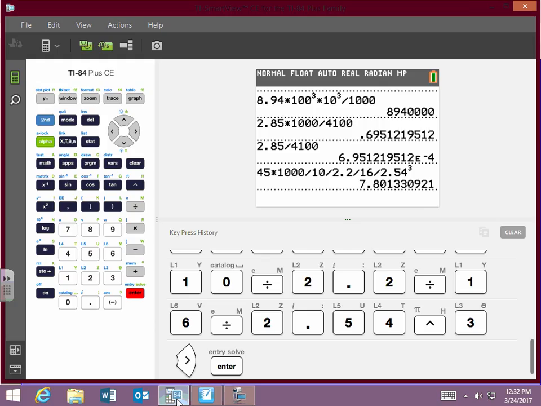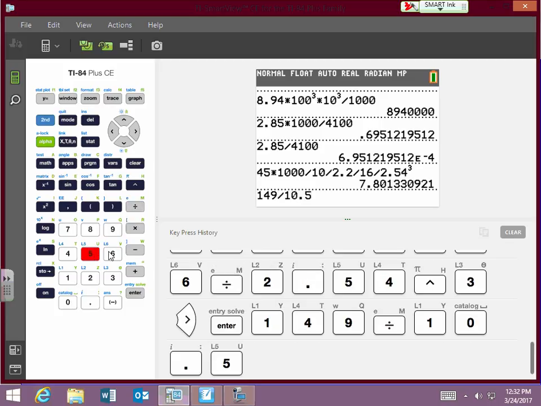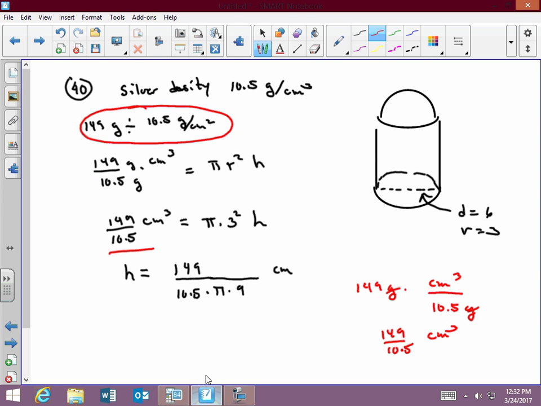Okay. 149 divided by 10.5 and divided by pi, right? And then the last one was divided by, what was it? 9.